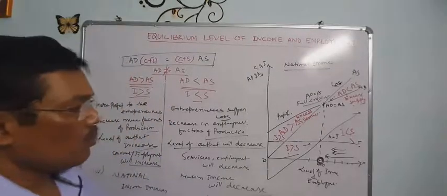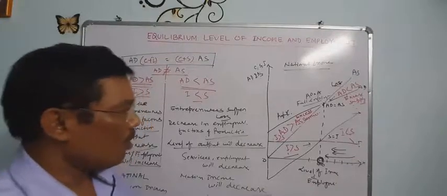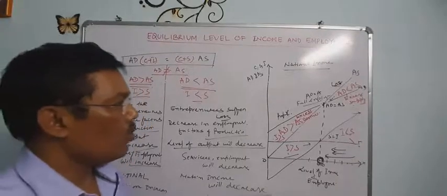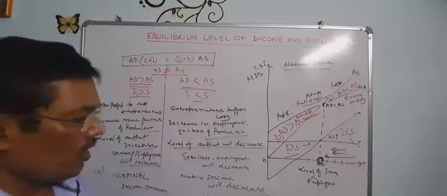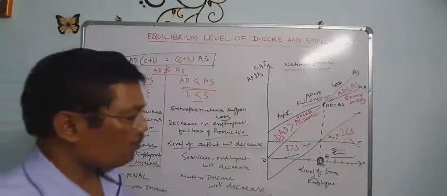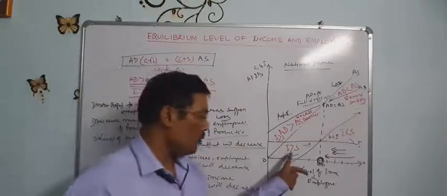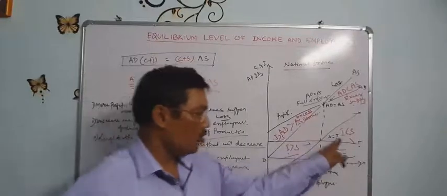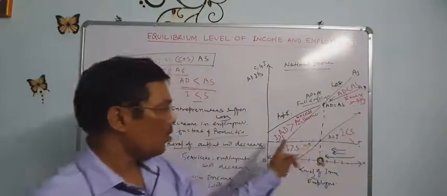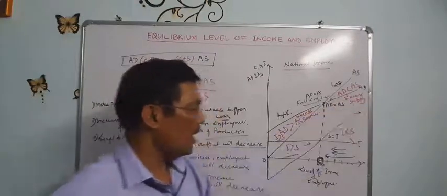So in this chapter we must know what the level of income is, what the level of employment is, what the full employment situation or effective demand is, what investment and saving are. And what situation occurs if investment is greater than saving, what situation occurs when investment is less than saving, what situation occurs when AD is greater than AS, and when AD is less than AS.